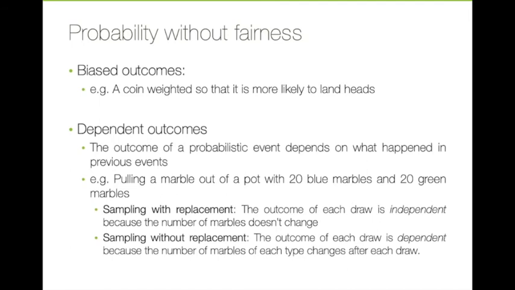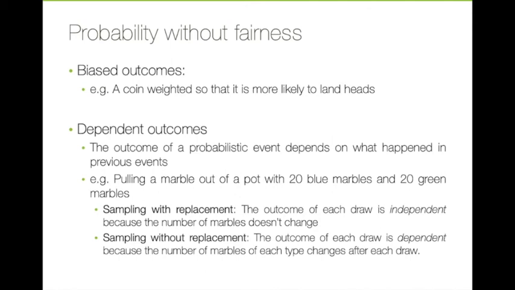Not all processes are fair, though. Sometimes the outcomes are going to be biased in some way. So a classic example would be a coin weighted so that it's more likely to land heads. This is biased because both options are not equally likely. The probability of landing heads is going to be more than 50%.